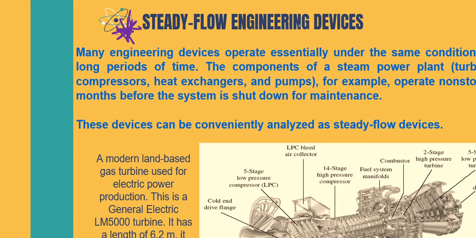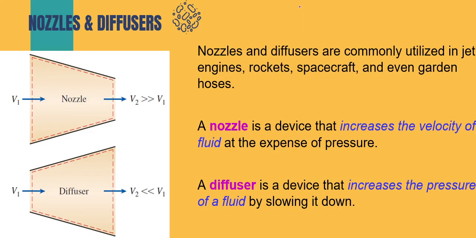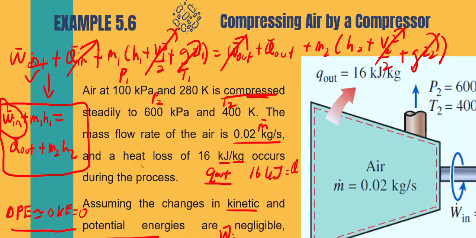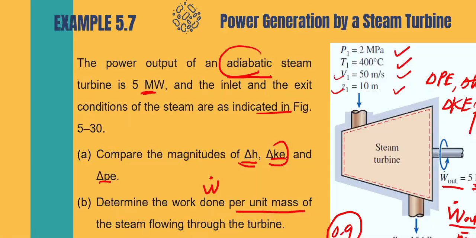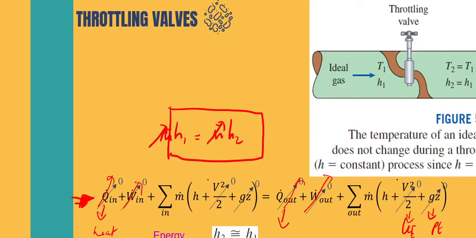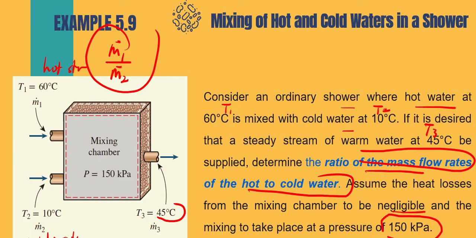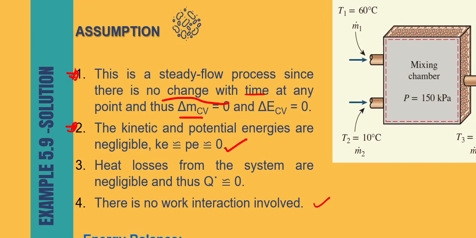Energy analysis of steady flow engineering devices. So I swear this will come out in your final exam. So make sure you know how to solve this problem. And please memorize the general energy balance, because it is not given in the question or in the appendix.